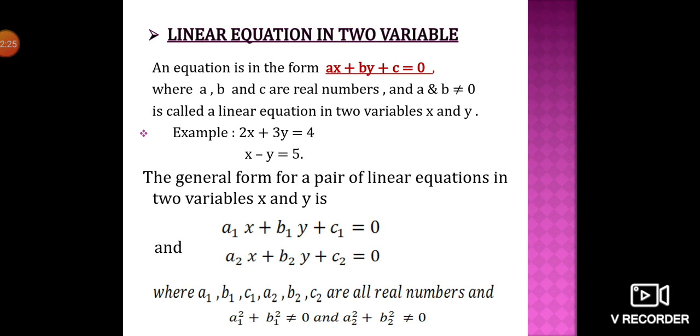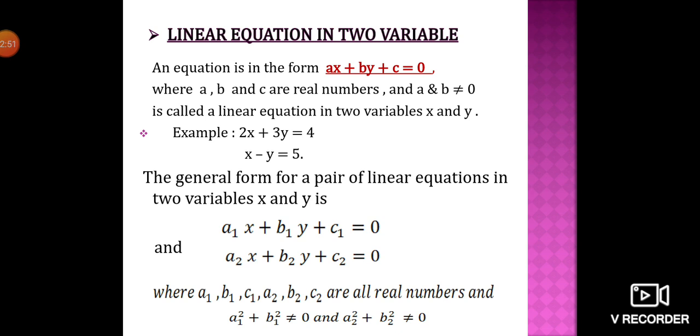The general form for a pair of linear equations in two variables x and y, two general forms I am writing. One is a1x plus b1y plus c1 is equal to 0. The general form is ax plus by plus c is equal to 0. Here I am writing two pair of linear equation because our chapter is pair of, pair means two will be there.